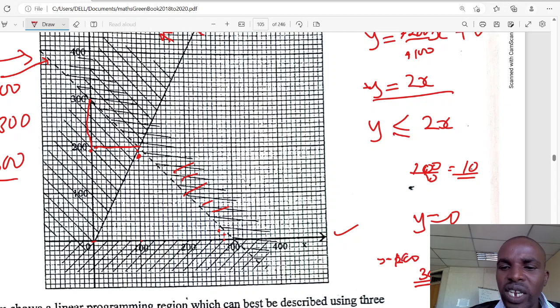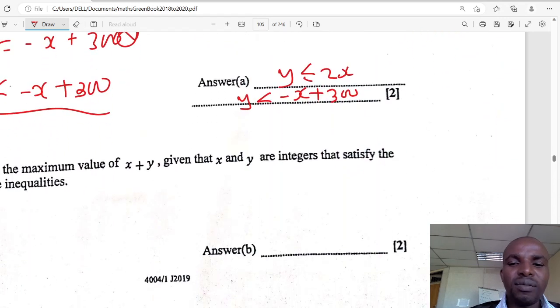So it will be 290. Even on this side, actually 280 for x, take this part, and you take y as 10 here. So it will be 280 plus 10, we can still get 290. So the maximum value is 290.